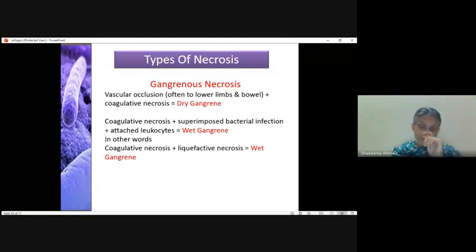Gangrenes, we have seen these. You have known the dry gangrene. Usually this is due to arterial blockage, whereas the wet gangrene is due to venous blockage. But the thing is, dry gangrene is not basically pure gangrene, because for the classical gangrene definition, there has to be necrosis, there has to be putrefaction, and there has to be bacterial infection.